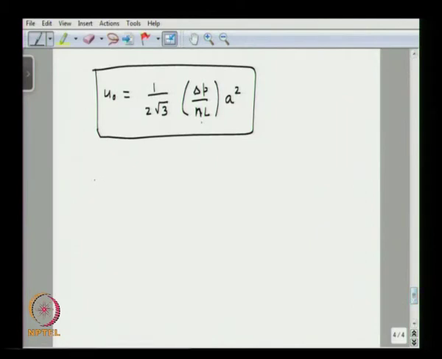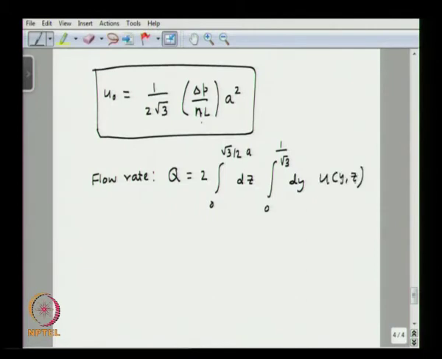So, from there you can find the flow rate. Q is 2 into integral 0 to square root of 3 by 2 a dz, integral 0 to 1 over square root of 3 dy into u(y,z).